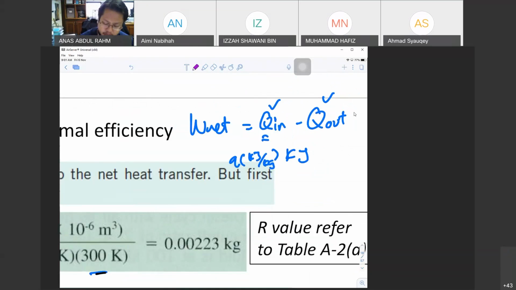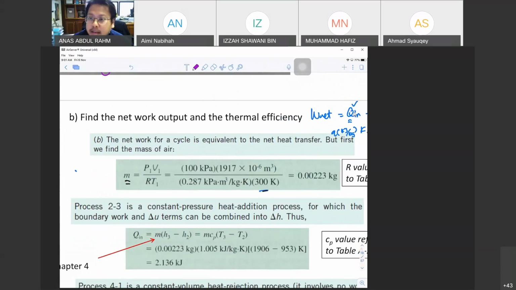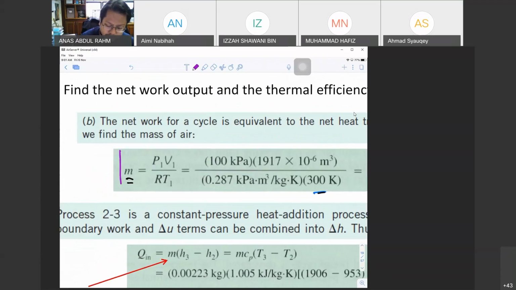In this case, because we are using capital Q, we need to find the mass. For M, we can use PV equals mRT. P1 was given. R is the gas constant available in the property tables, and this is T1. Again, it will be given. You don't have to memorize.